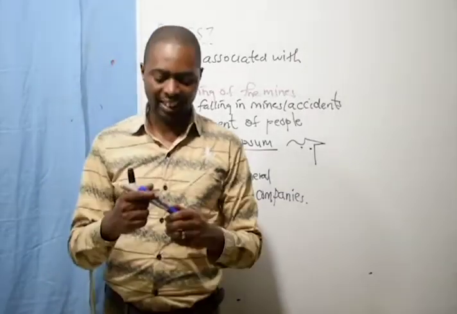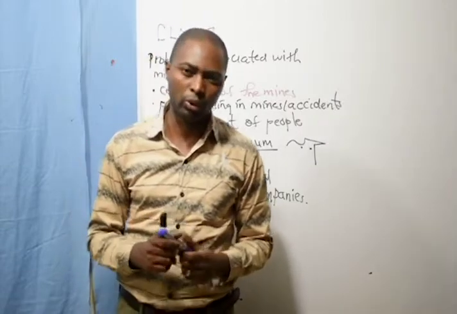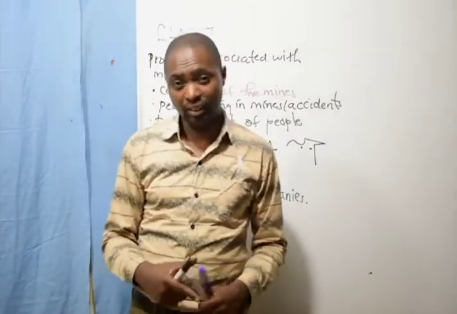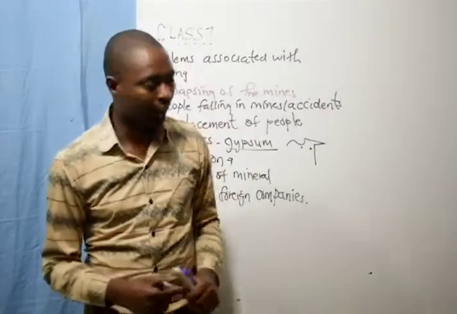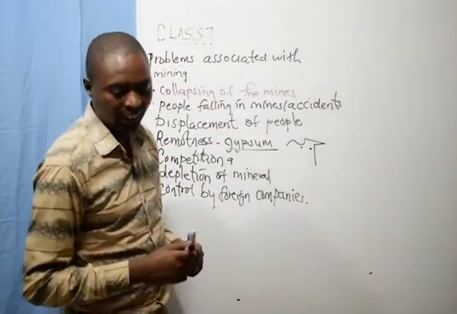To an extent, Nigeria suffers a shortage of crude oil, while they are the main producers in Africa. Why? Because the companies are foreign owned, they export to their countries.